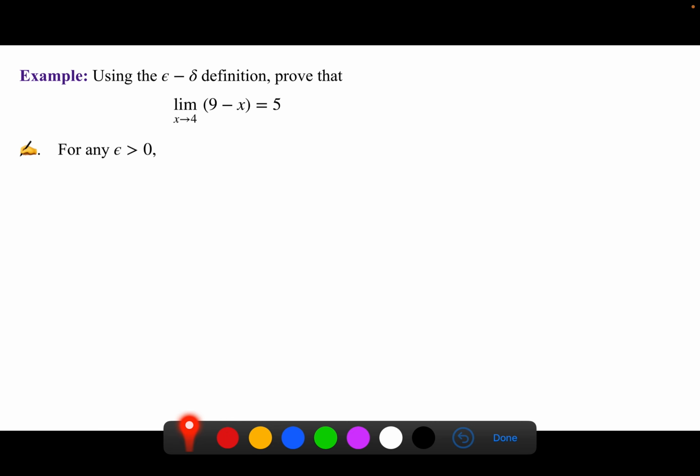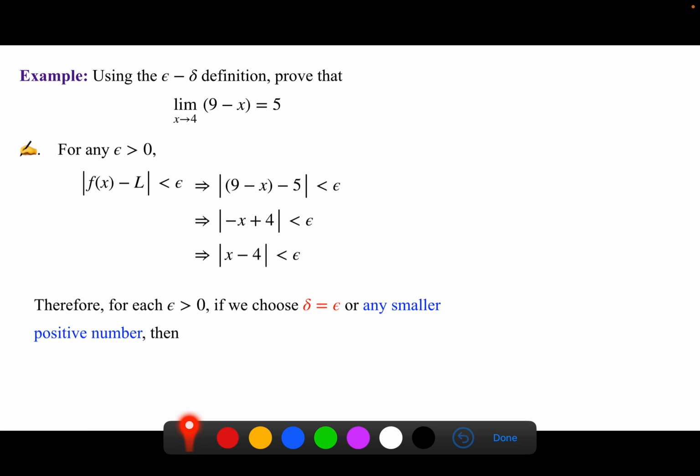For that, we start by solving the epsilon inequality as earlier. Modulus of f of x minus L less than epsilon, where the function is 9 minus x and L is 5. So we get modulus of minus x plus 4 less than epsilon. This implies modulus of x minus 4 less than epsilon.